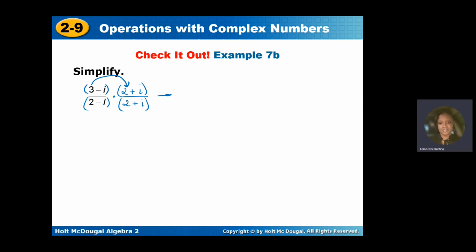And Daniela, you're just checking your progress and you're gonna pick up where you left off. If you feel comfortable, keep working, okay? All right, 3 times 2 gives me 6. 3 times i gives me 3i.